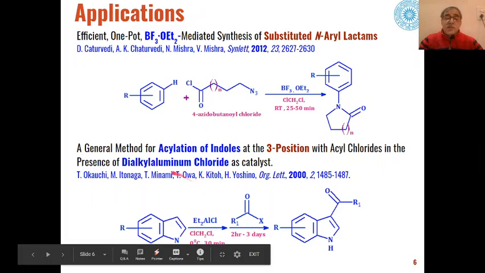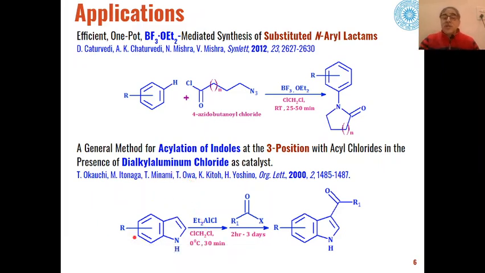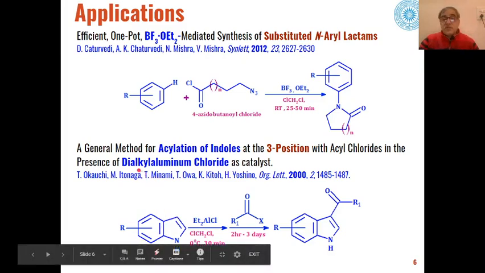Then similarly, indoles can also undergo Friedel-Craft acylation reactions when they are reacted with dialkyl aluminum chloride as the catalyst. When indoles interact with the dialkyl aluminum chloride in the presence of acyl halides, then they are converted into indole alkyl ketones as the product.